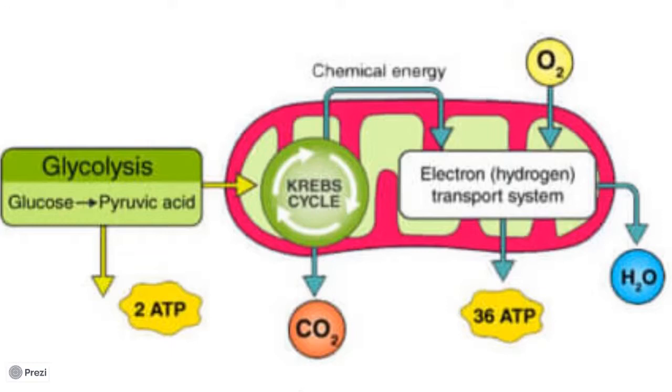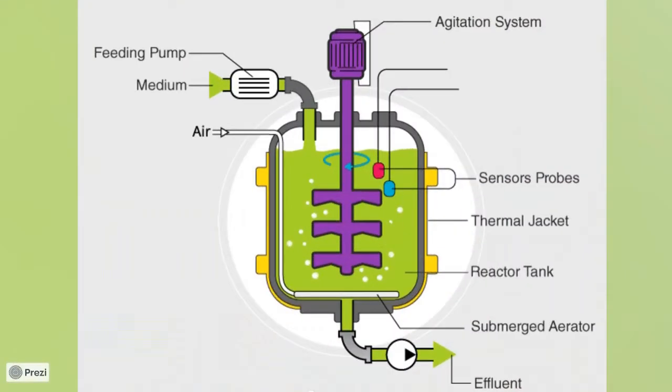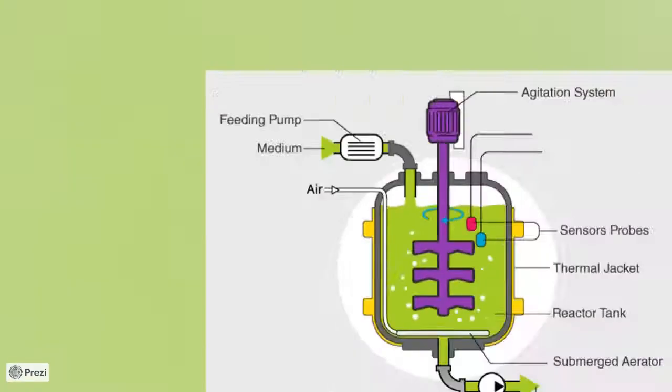As oxygen is used as an electron acceptor in aerobic processes, the reactors should be provided with an inlet supply of air, where the air that is being sparged into the reactor should be filtered using suitable filters, and only the pure air will be allowed to enter inside the reactor.